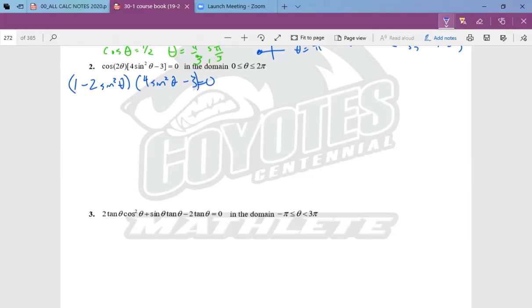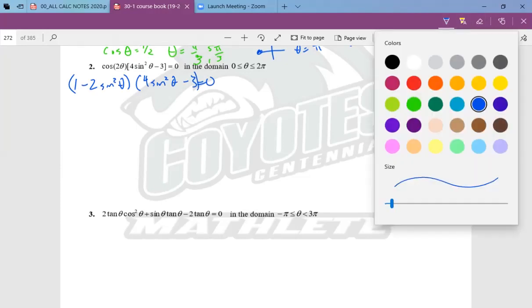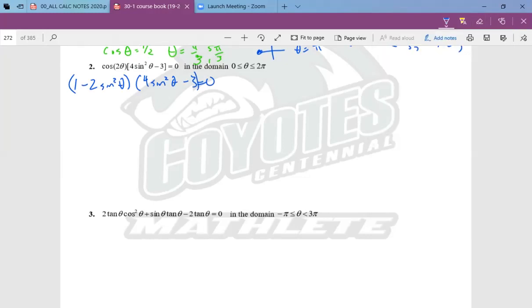And now we can break it into its micro equations. We have 1 minus 2 sine squared theta equals 0. 2 sine squared theta is equal to 1. Sine theta is equal to, divide both sides by 2, and then square root. But be careful here.